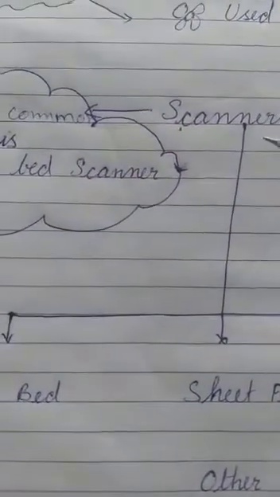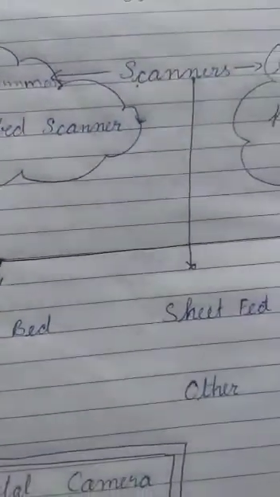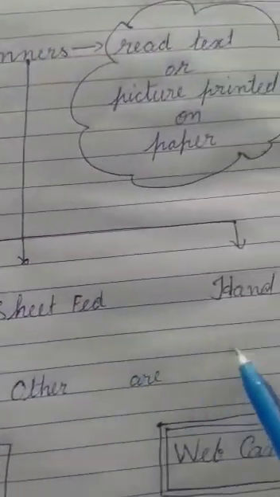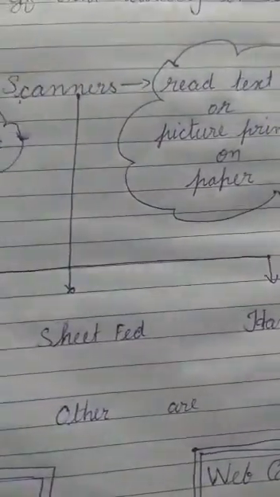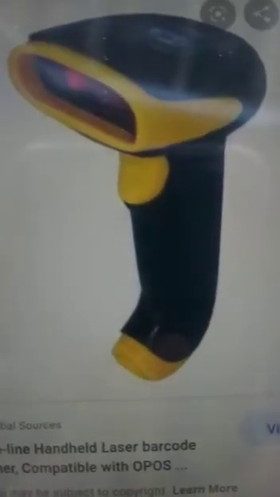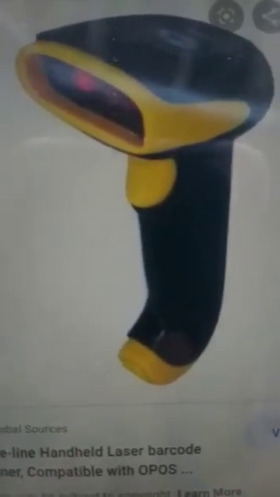So there are three types of scanner, like flatbed scanner, sheet fed scanner, and handheld scanner, right? So I am showing you all three of them. Flatbed, I have shown you, this is sheet fed scanner, and this is handheld scanner. This scanner you must have seen in malls and shops. Yes, so these are your three types of scanner.